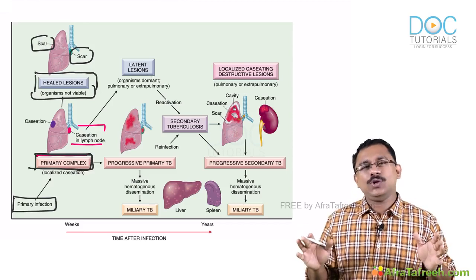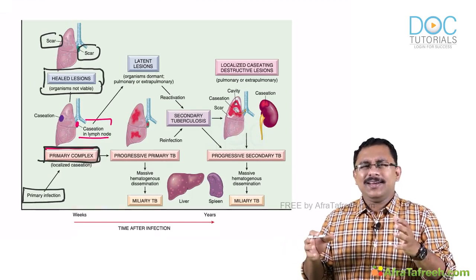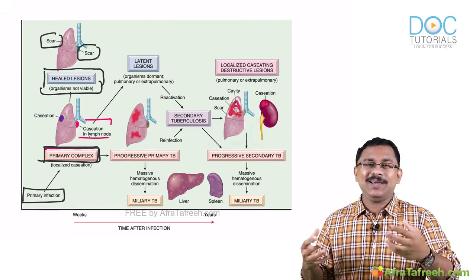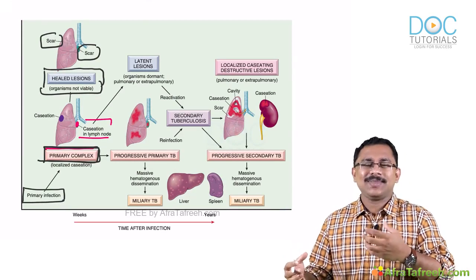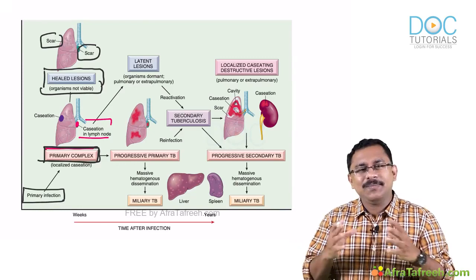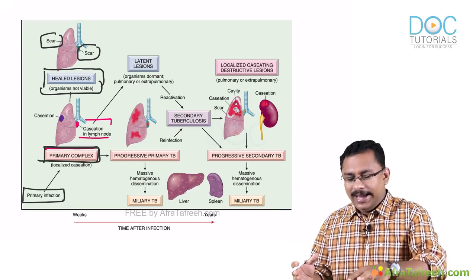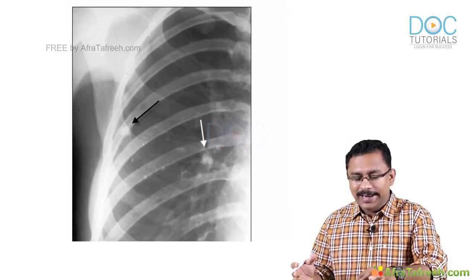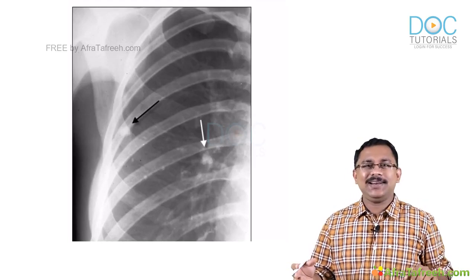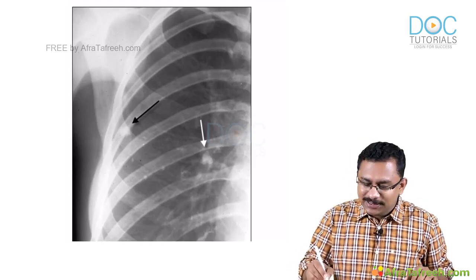So in such an individual, after the initial, maybe an asymptomatic stage, or maybe the fever and the pleuritis, after that the patient may be completely asymptomatic. And sometimes when an X-ray is taken for some reason, you might see these two.